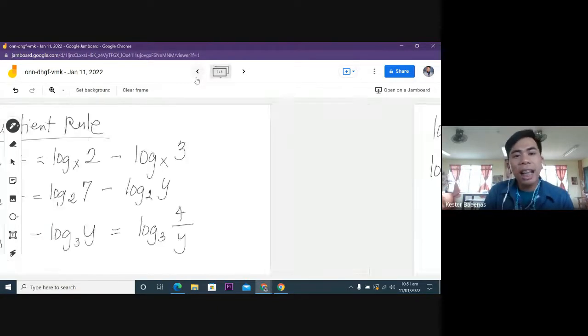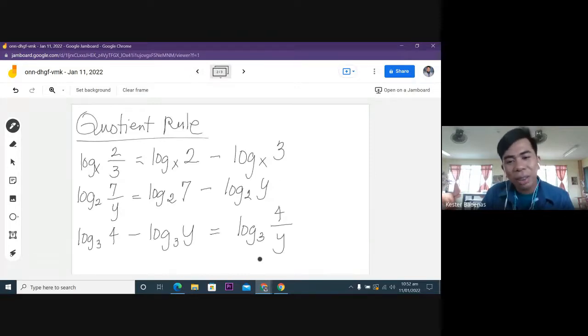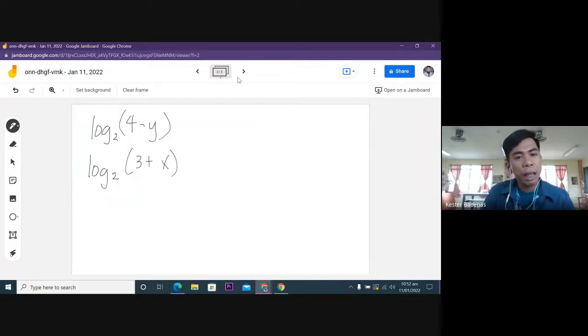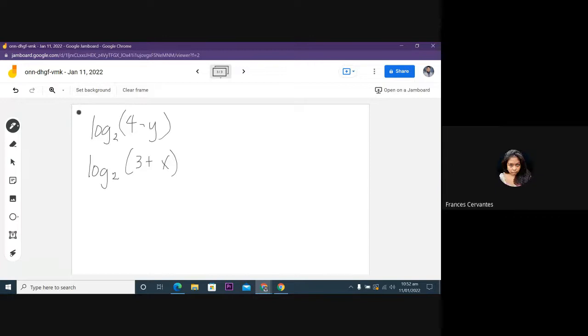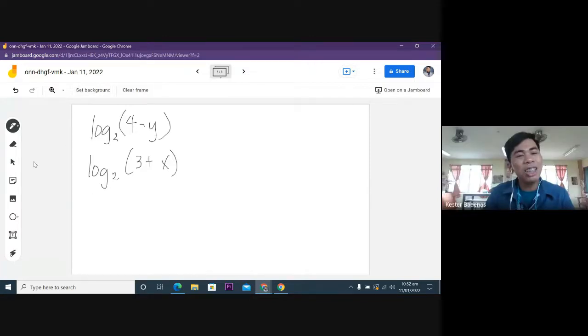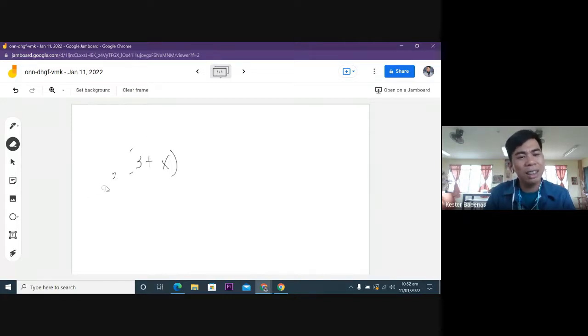So, talagang pag ganito, division lang talaga yung operation. Tapos pag hihiwalayin sila, magiging subtraction, magiging minus na siya in between. So, yun. Possible ito, class. Thank you po. Pero hindi lang siya ma-applyan ng laws of logarithm. Ang dami na kasi nating laws, di ba?